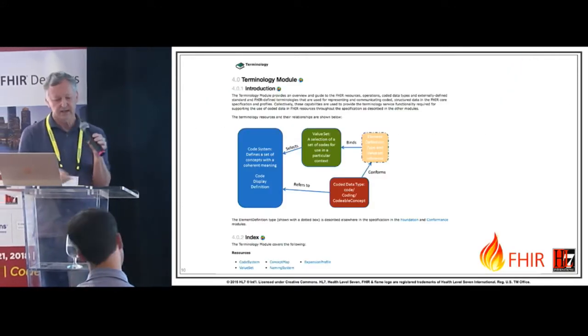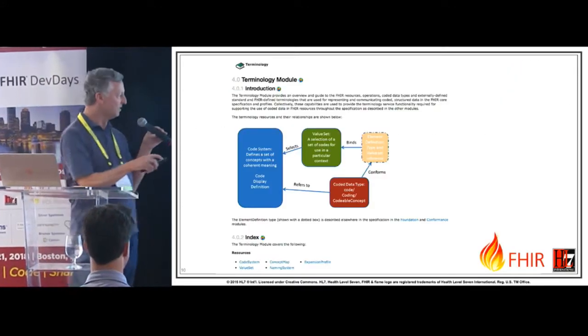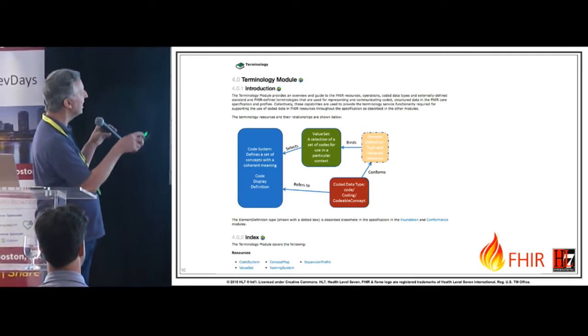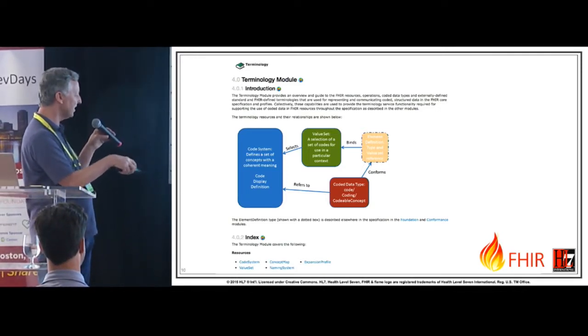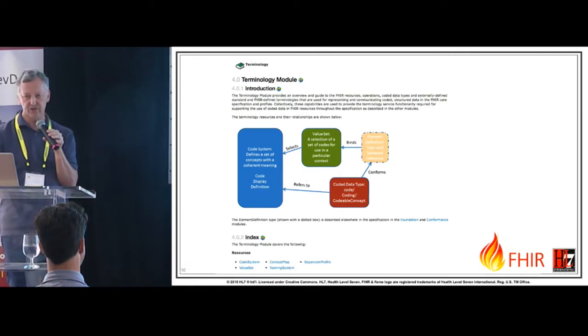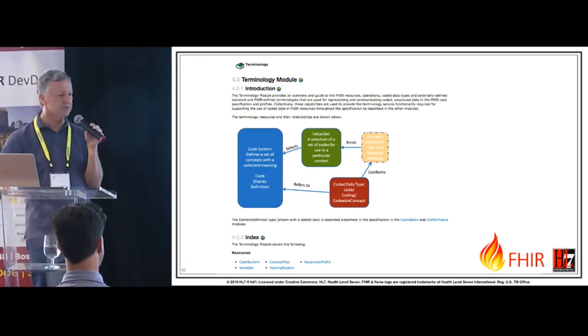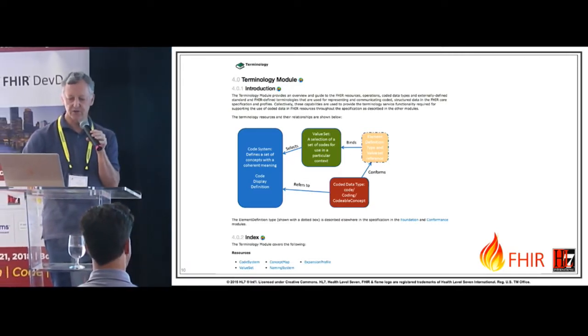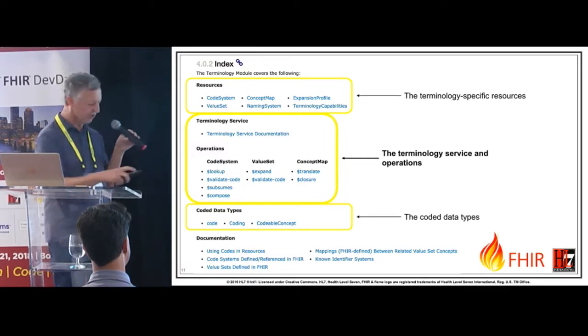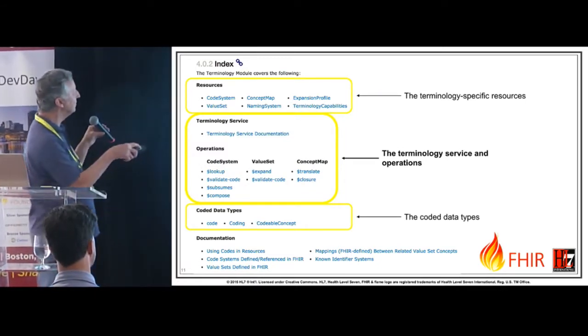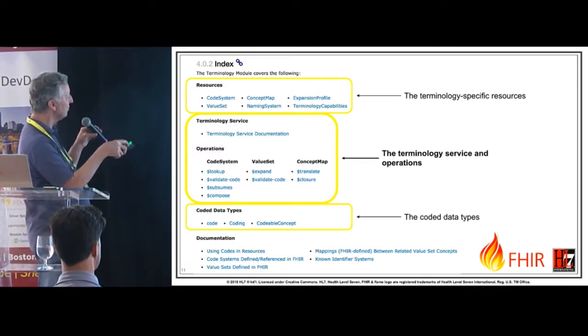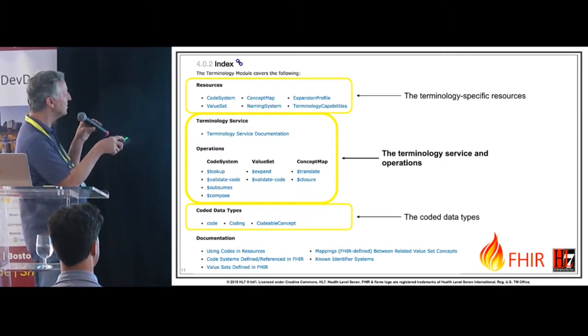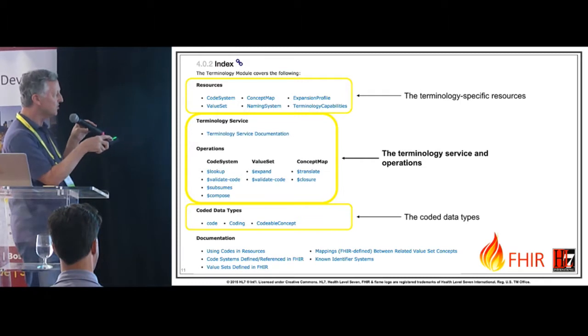When you dive into that, you basically see this little diagram and some other material, and then it organizes things around the various resources, data types, and operations, the terminology service itself. The main part we're trying to talk about is right here in the middle, which is some documentation explaining the terminology service.